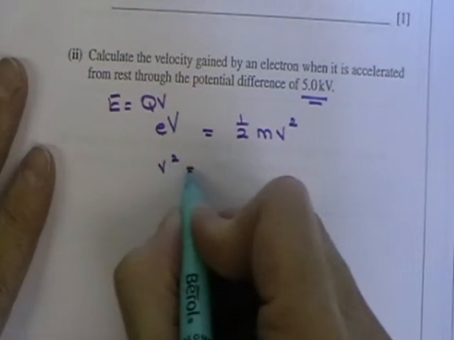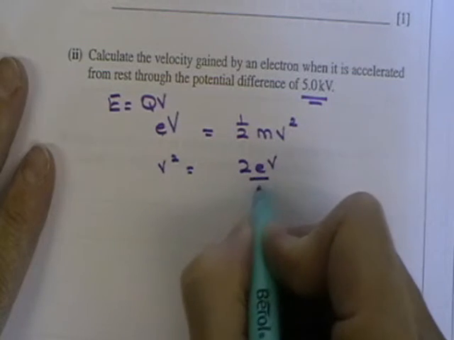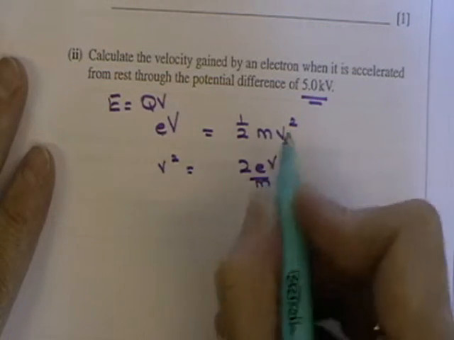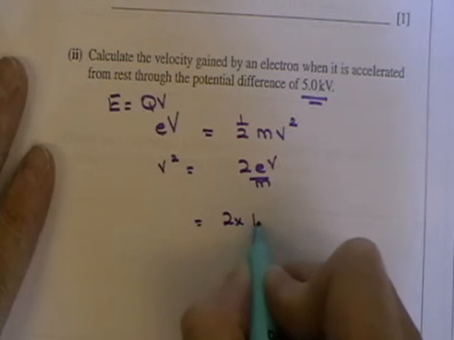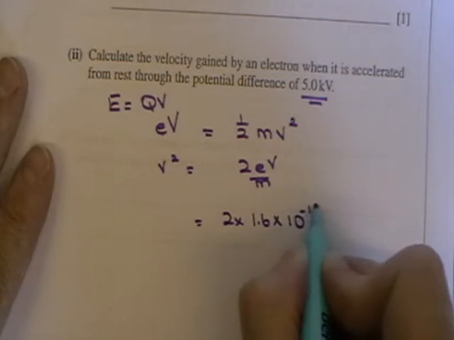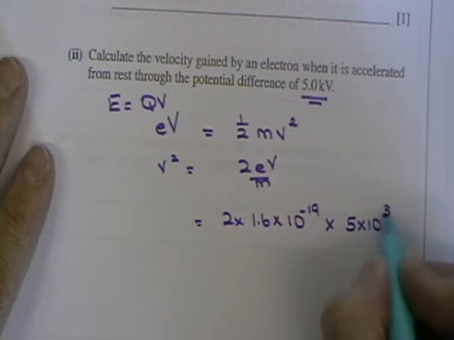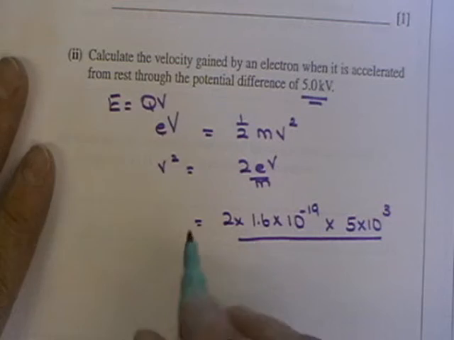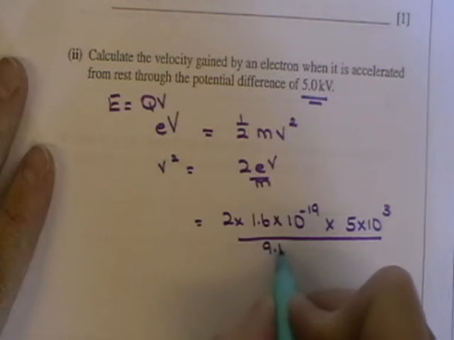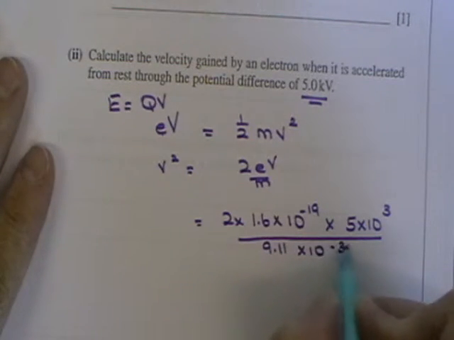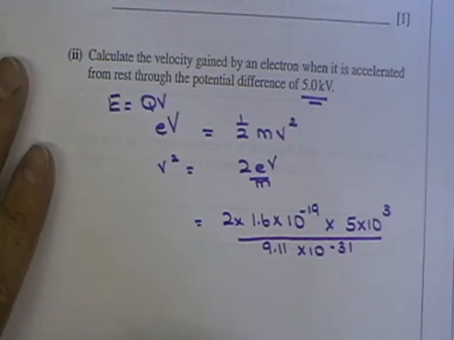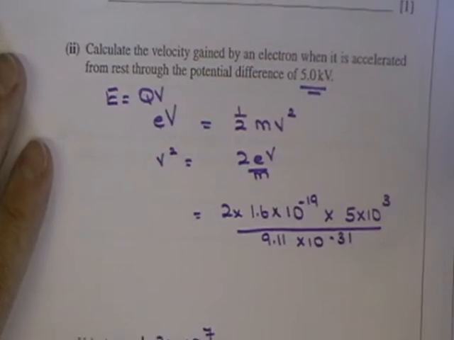Then v squared is equal to 2eV over m, which is 2 times 1.6 times 10 to the minus 19, times V which is 5 times 10 to the 3, 5 kilovolts, divided by 9.11 times 10 to the minus 31, the mass of an electron. And that answer comes out as 4.2 times 10 to the 7. And that's the answer.